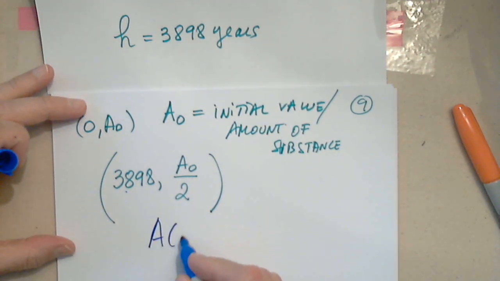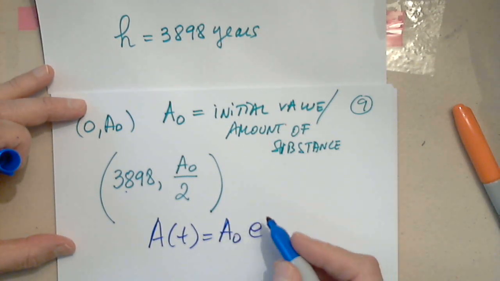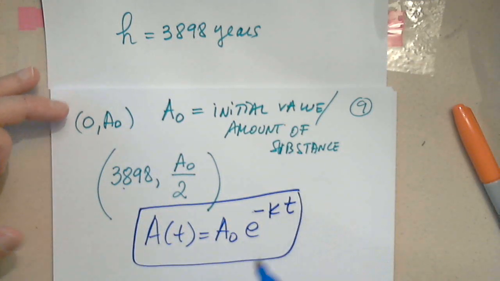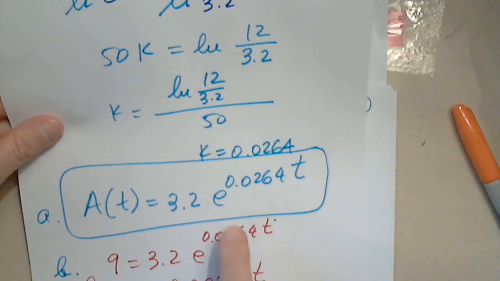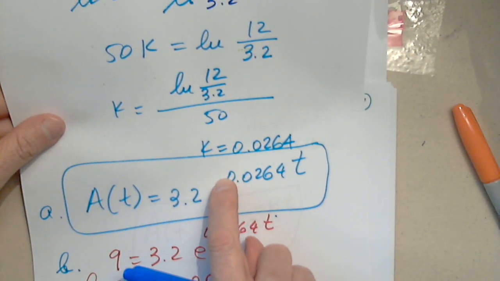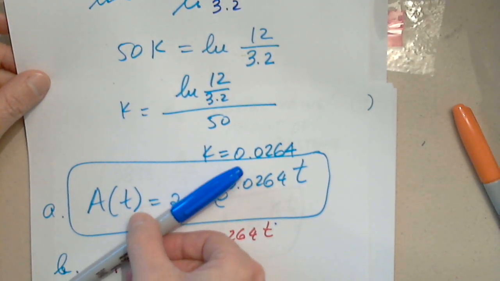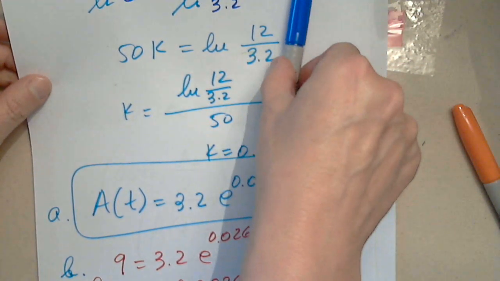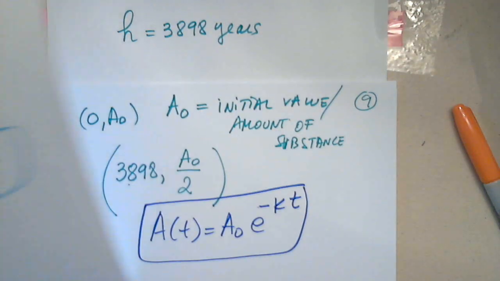Now I know that the radioactive decay model is this. Identical with what we looked at a few minutes ago, it's just that it has a minus in front. Because it's a decay rate, it's not a growth rate. When the base is greater than 1, it's a growth rate. When the base is less than 1, it's a decay rate.